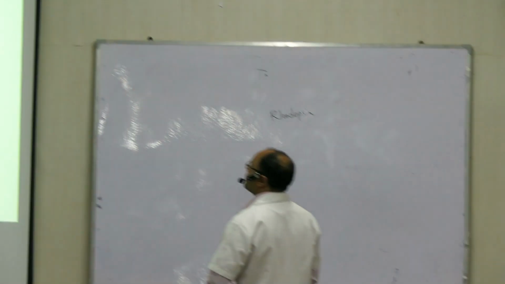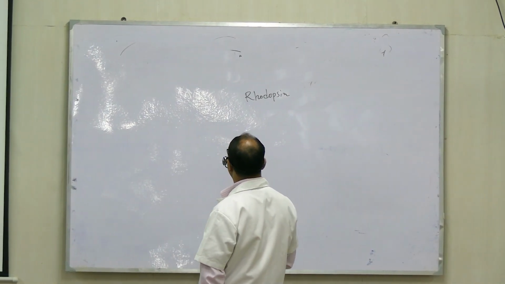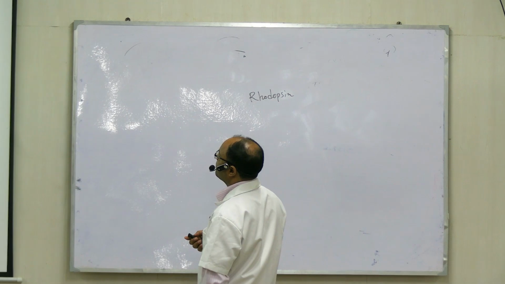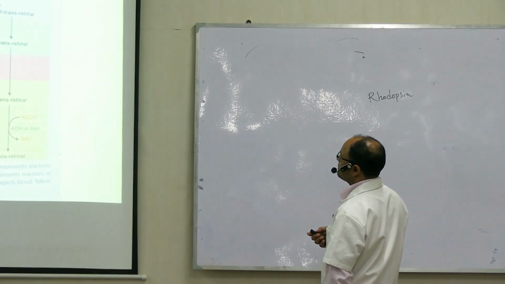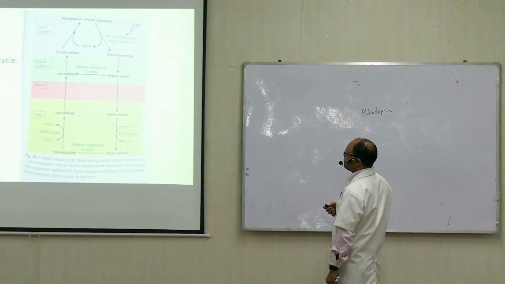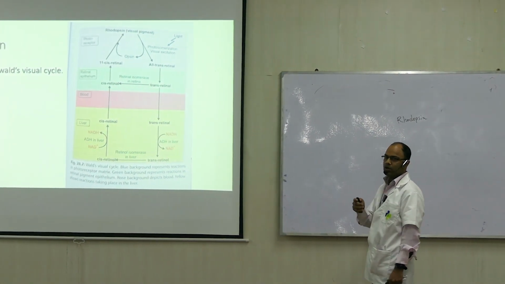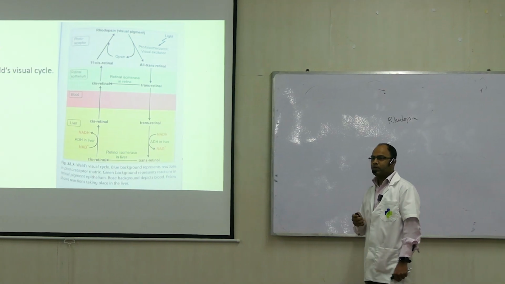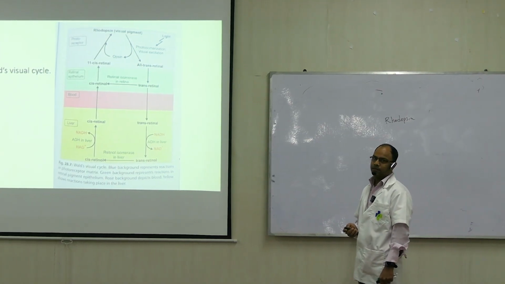So when light hits the retina, rhodopsin converts to all-trans retinal, and some intermediate forms are generated. Each has a very short lifetime, a few picoseconds to microseconds.